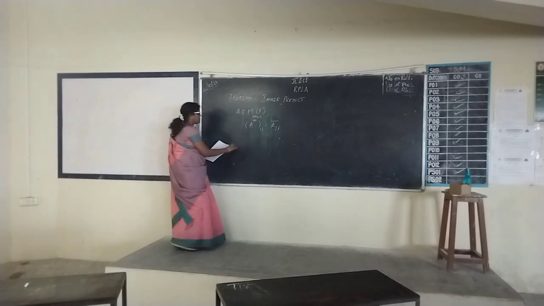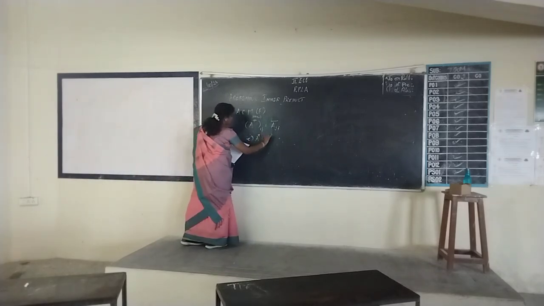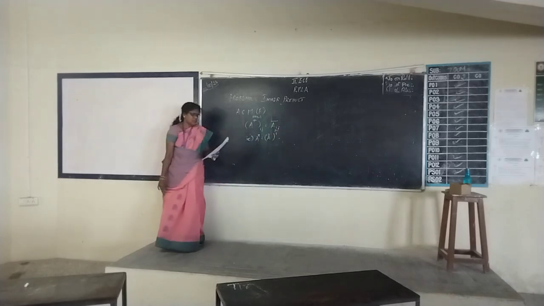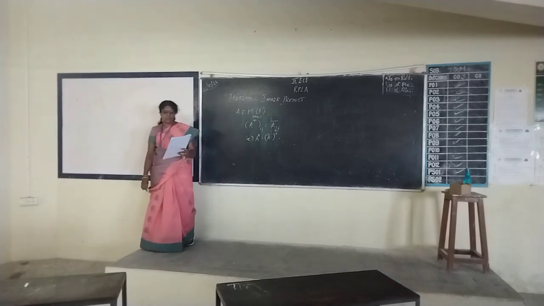That is, A star is equal to A bar the whole transpose.